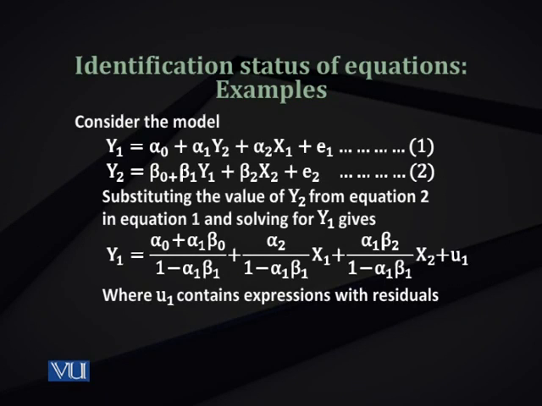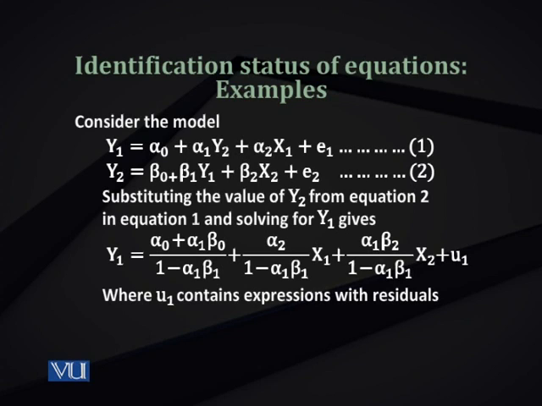So you have expressed y1 in terms of x1 and x2. How did we do that? We substituted the value of y2, which is beta naught plus beta 1 y1 plus beta 2 x2 plus e2, in place of the variable y2 in equation 1. So variable y2 vanishes, and instead you have an expression which contains y1, x1 and x2.